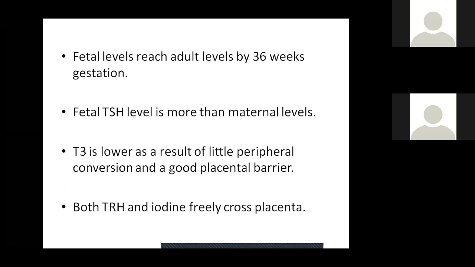The fetal levels reach the adult levels by 36 weeks of gestation, and fetal thyroid stimulating hormone level is more than the maternal levels. T3 is lower as a result of little peripheral conversion and a good placental barrier. Both thyrotropin releasing hormone and iodine freely cross the placenta.